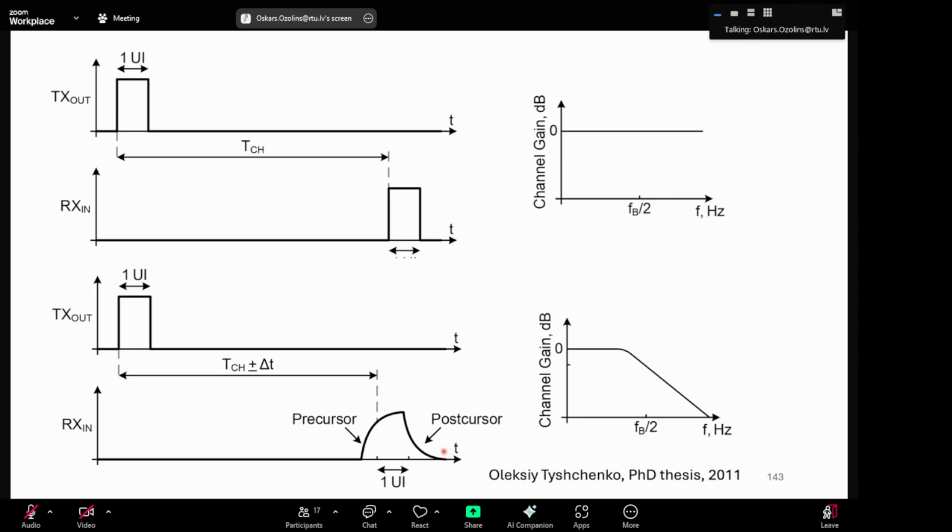This is important when we look at equalization. There are different things you can do when you define a cursor here, which is the highest value, and then the precursor and postcursor. These are things we need to keep in mind when we look into and compare different equalization techniques and what they are doing to the system.